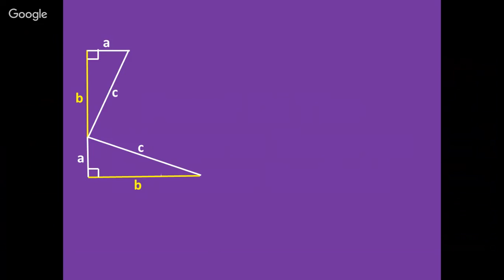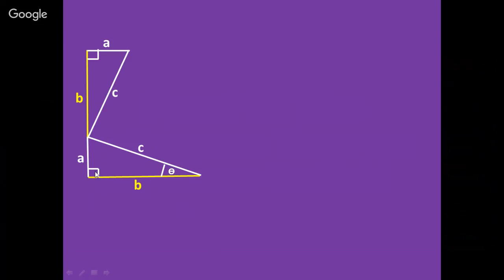Let us say this angle is theta, and this is 90 degrees, and we know that the interior angles of any triangle add up to 180 degrees.